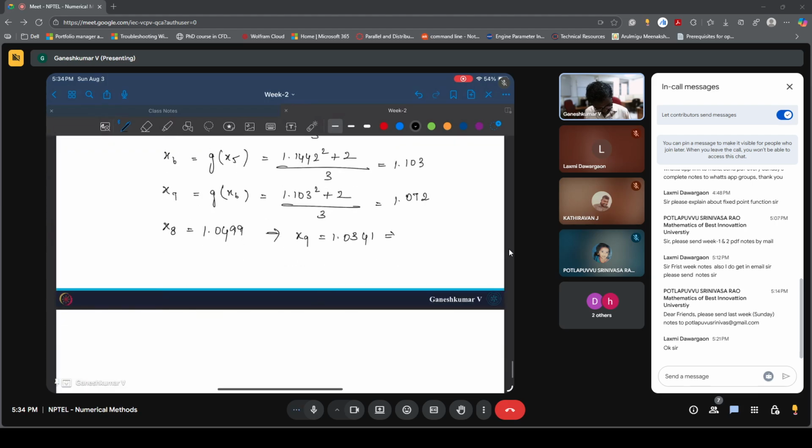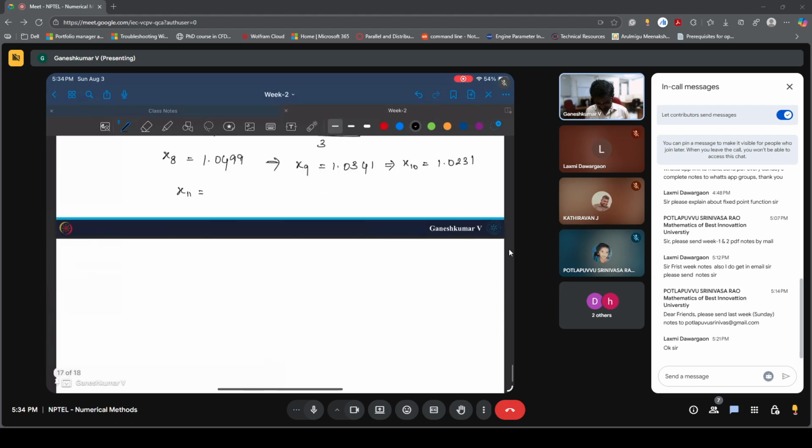And then x10 square plus 2 by 3, 1.0231. And x11 plus 2 by 3, 1.0156.